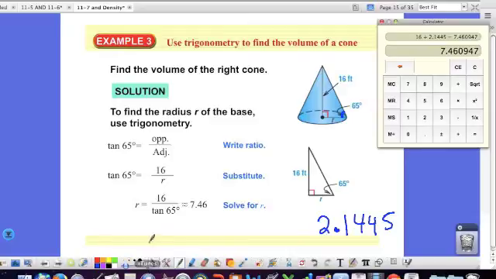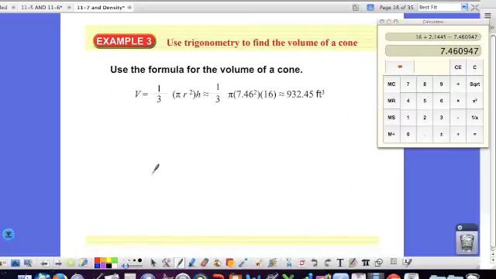So now that I know that radius is 7.46, I can plug it in. The radius squared, 7.46 times 7.46 times 3.14 for pi times the height, which is 16, that number divided by 3 is approximately 932 rounded to the hundreds. Once again, rounding issue because this book is using a pi button.